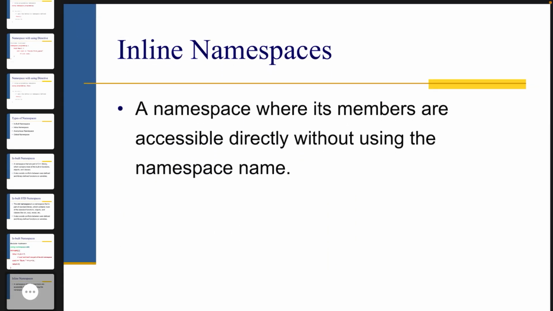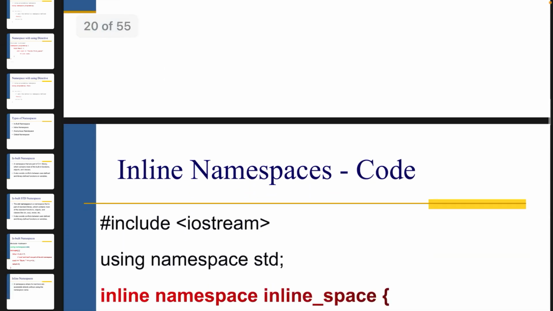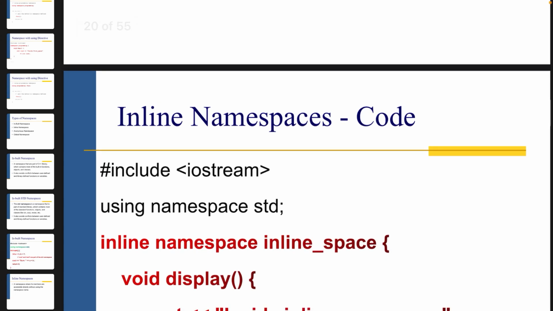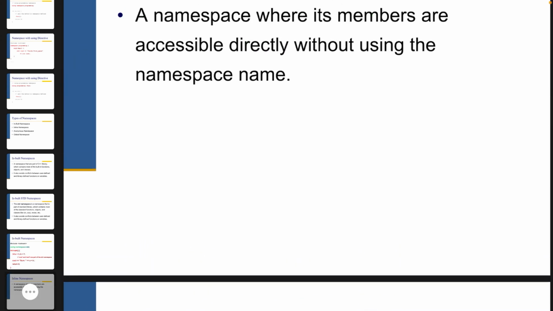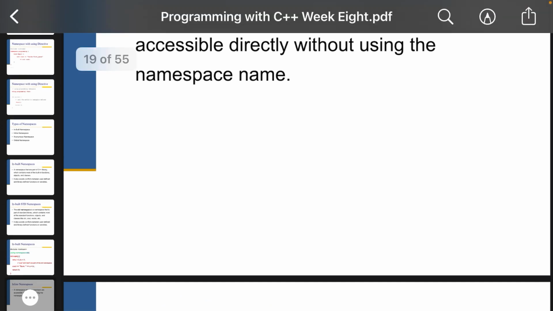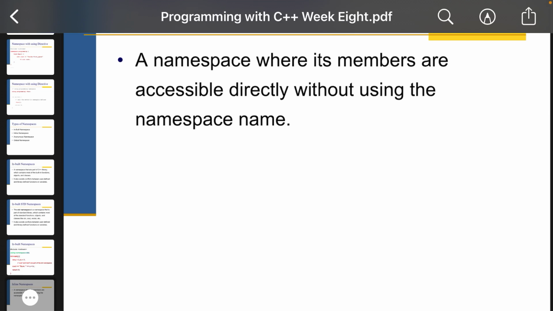So you move to the inline namespace, where an inline namespace is a namespace whose members are accessible directly without using the namespace name.